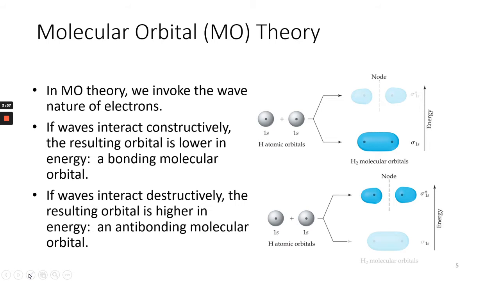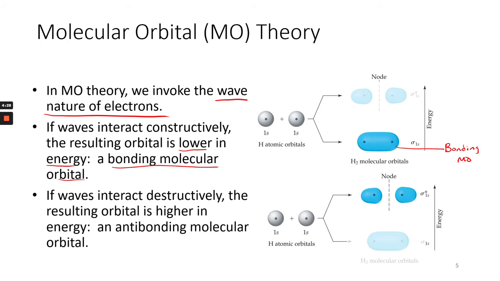So here's a visualization, okay? In molecular orbital theory, we think about the wave nature of the electrons. If you have 2 waves that add together constructively, you'll result in an orbital that is lower in energy, and that's called a bonding molecular orbital. And this right here is your bonding molecular orbital.